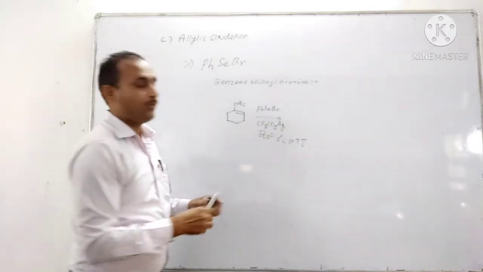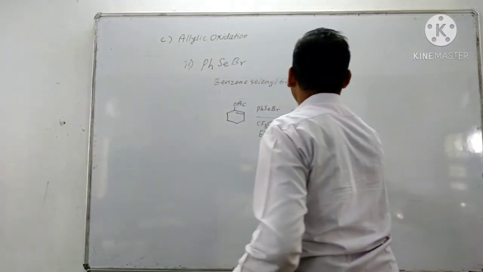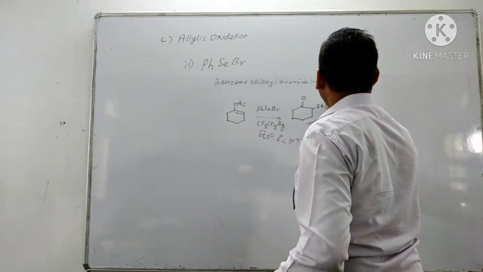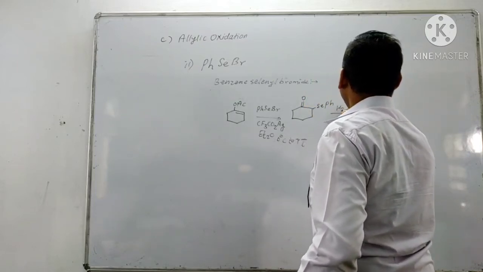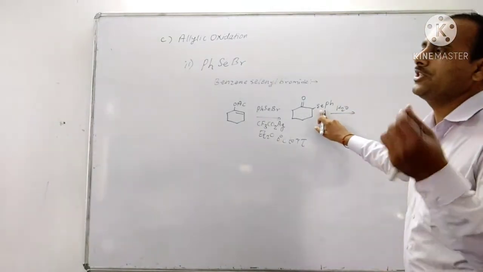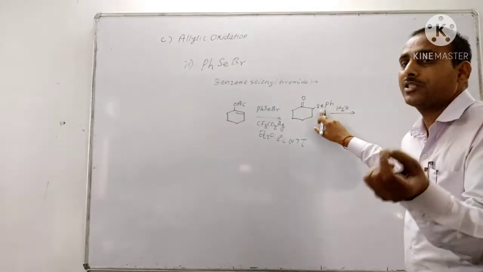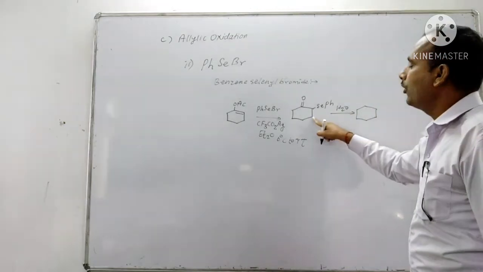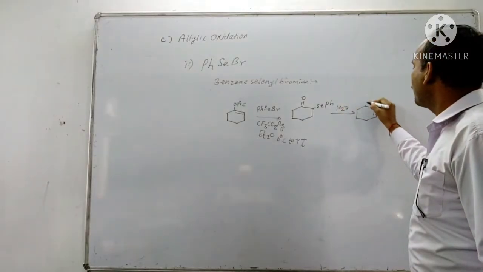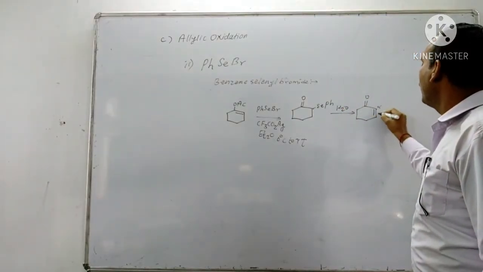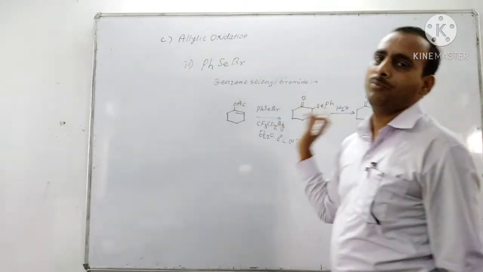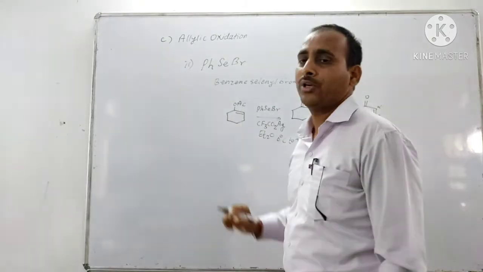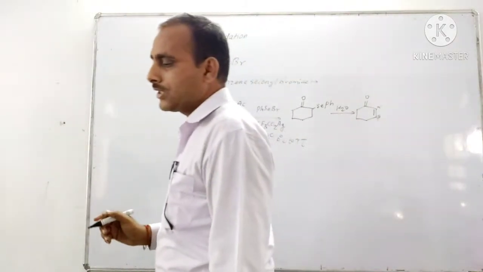So there is a formation of this type of product, double bond O SePh, and again by using H2O2, this Se gets oxidized to selenium oxide, and selenium oxide by loss of the proton from this position, there is formation of alpha beta unsaturated carbonyl compound from this compound.